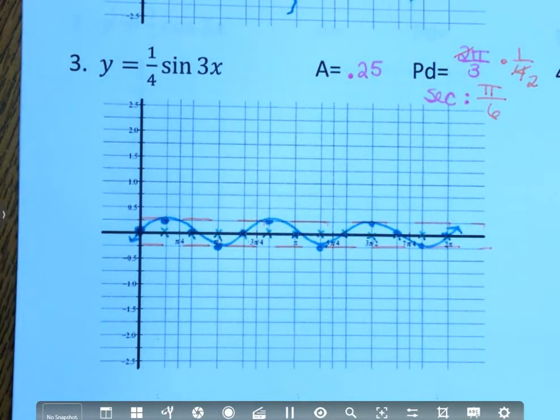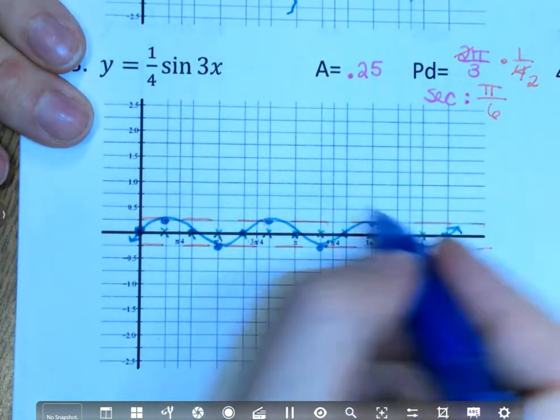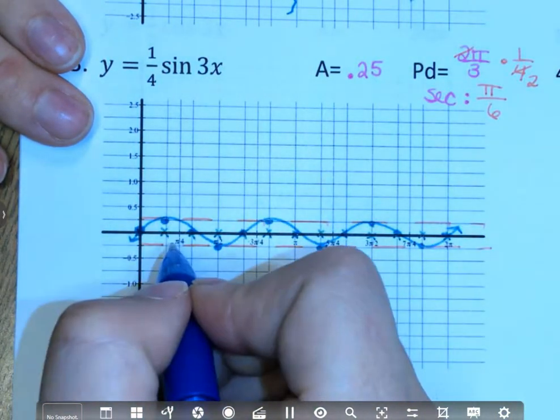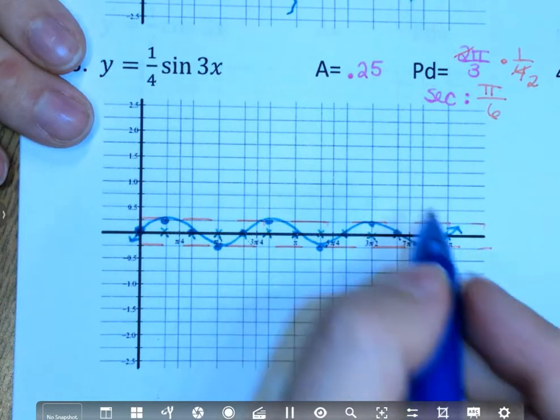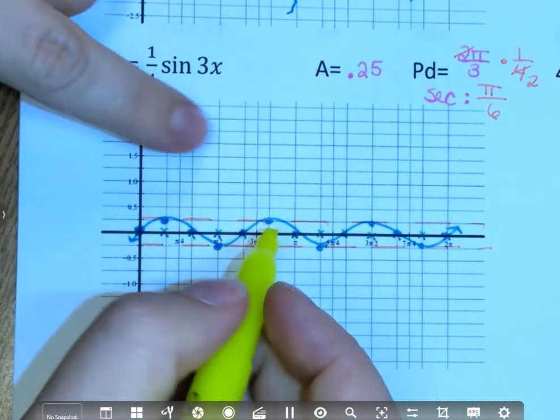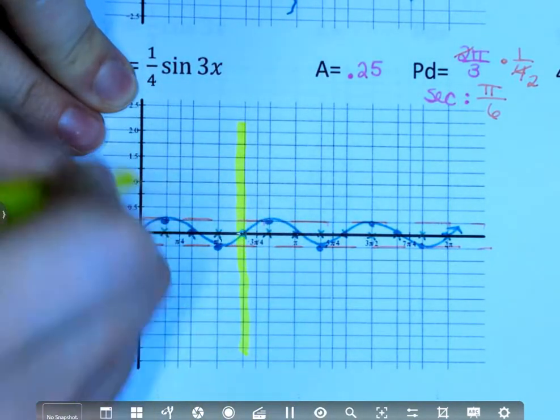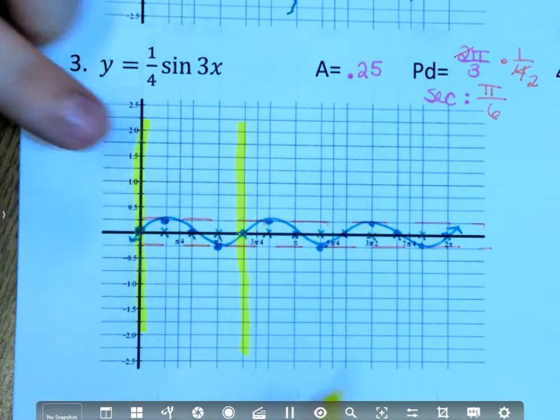Yes, sir. I'm sorry, can you repeat that? No. We, no matter what, always fill out from 0 to 2 pi. Yes, one period is going to finish at 2 pi over 3, which would be this window right here is one period.